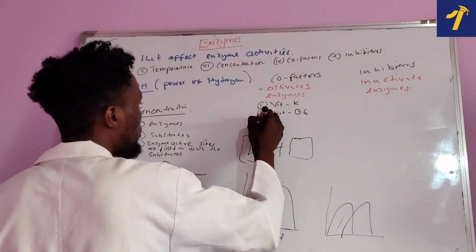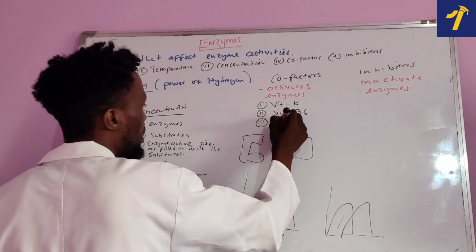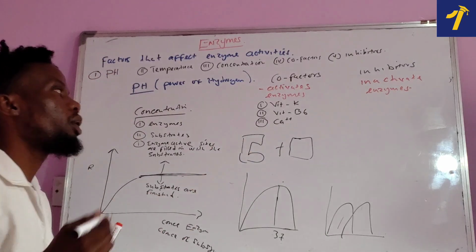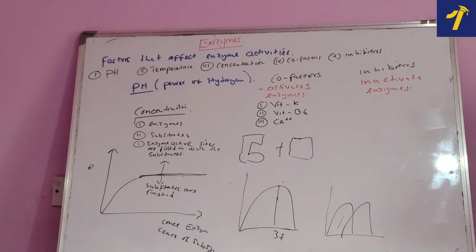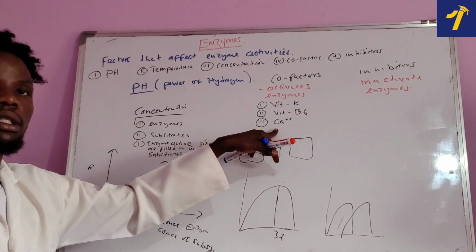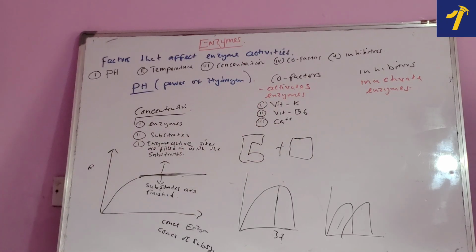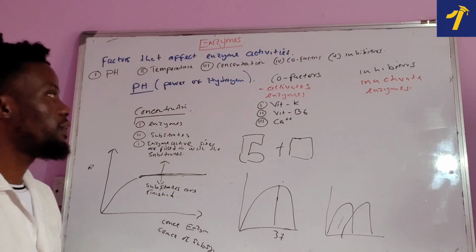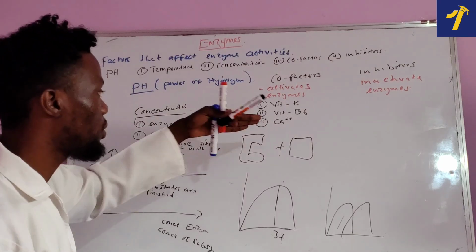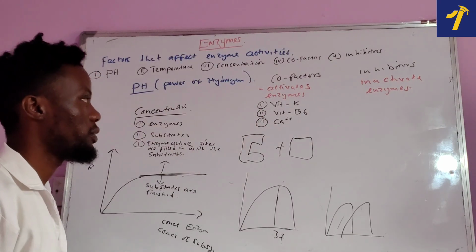Calcium ions are also good cofactors because they help in different metabolic reactions of our body. So these are good examples of cofactors: vitamin K, vitamin B6, calcium, and vitamin A. They help to activate certain enzymes.